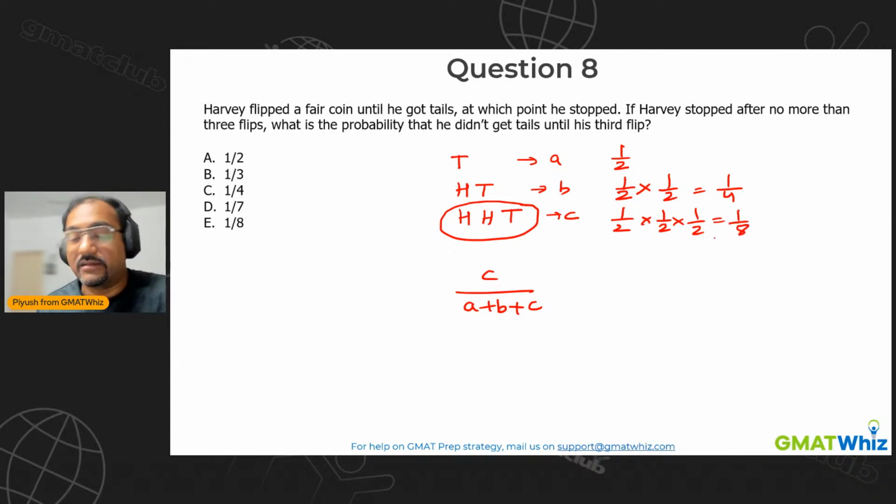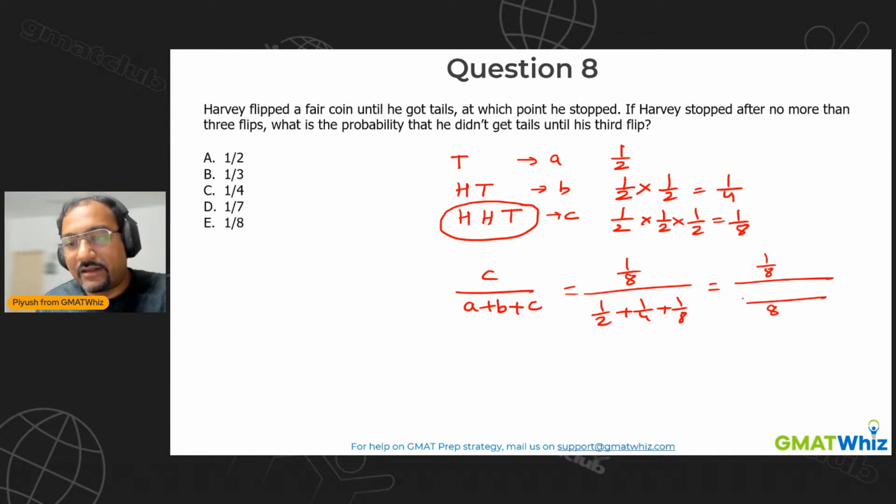So 1 by 8. So I have to just do this math, right? Now, if I calculate this, 1 by 8 divided by 4 plus 2 plus 1 over 8, which is 1 by 8 divided by 7 by 8, which gives me 1 by 7 as the answer.